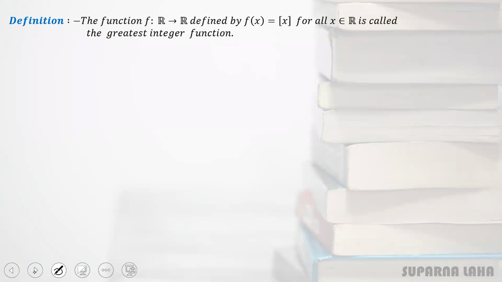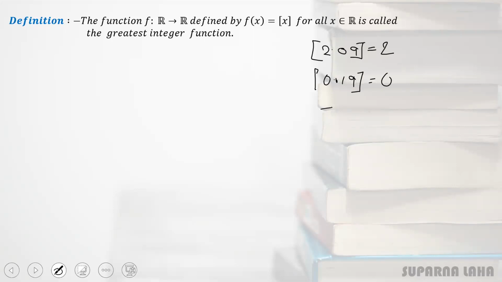Box x means, if the value of x is given as 2.09, it will take just the previous integer value. That means the previous integer value is 2. Okay. Now if it is 0.19, what is the previous integer value? 0. Okay.